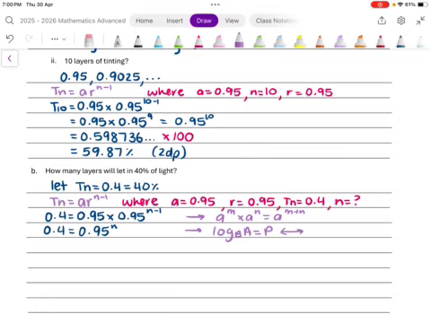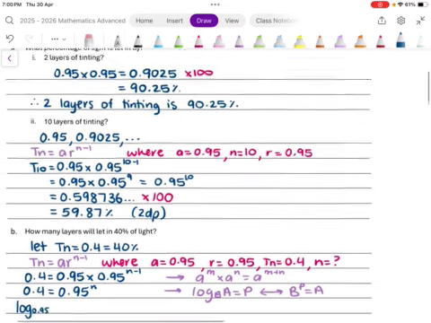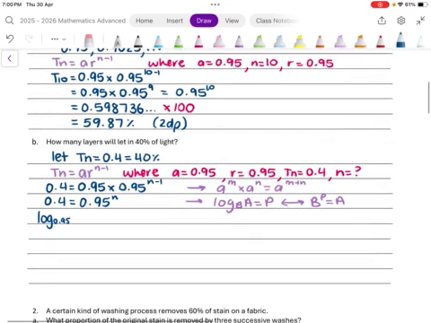So we use our log BAP, base power equals answer, which is what we currently have, and we want to convert it to log of base a equals our power. This means we're going to have log base 0.95 of 0.4 is equal to n.